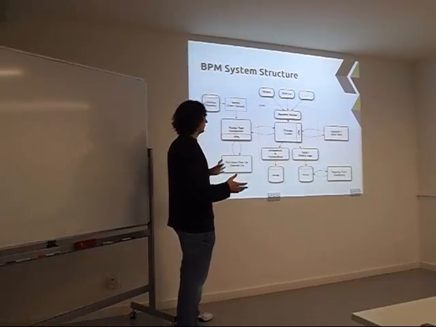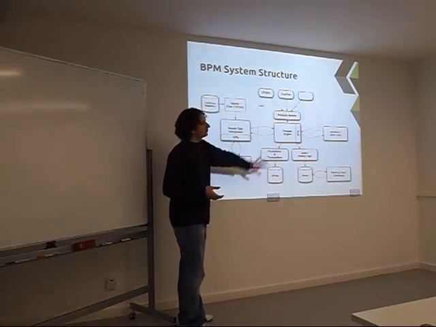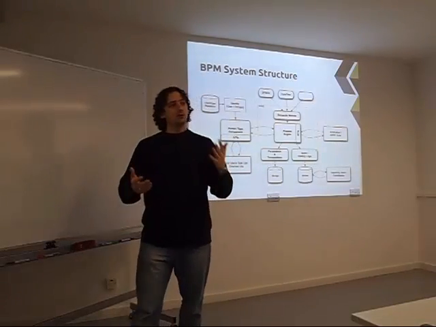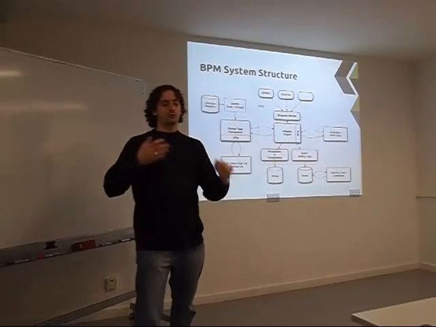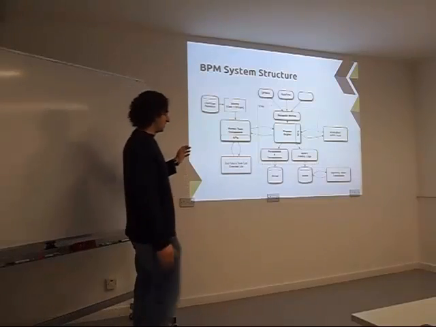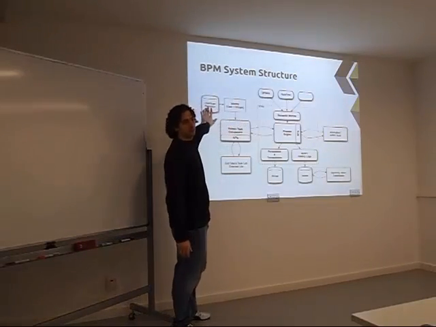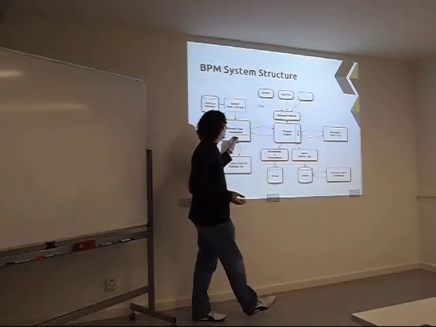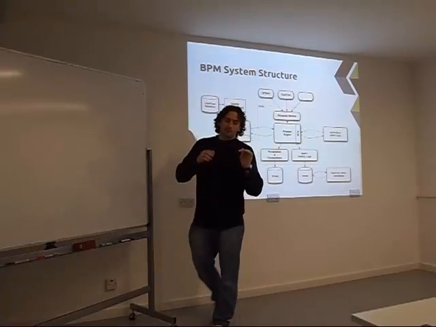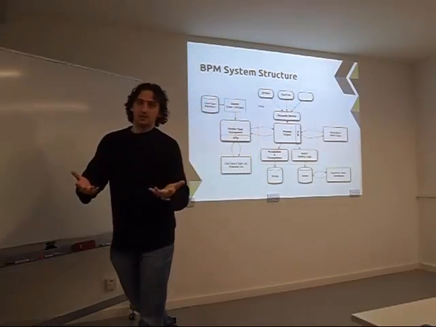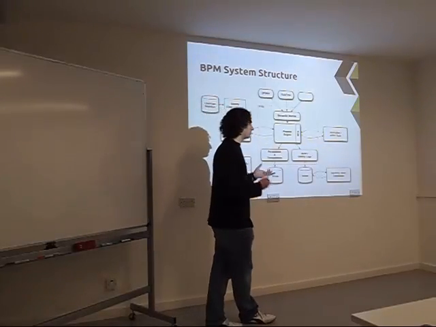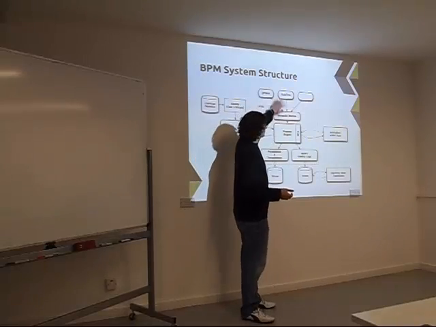And one of the advantages of jBPM5 is that all these modules are decoupled, so you can use what you need. If you're planning to create or to use processes that don't involve human beings, you don't need the human task component. You don't use it. If you have your business process engine and you want to programmatically create your processes, you don't want to use any formal language to define your process. You want to do it by code. You don't need the semantic module.